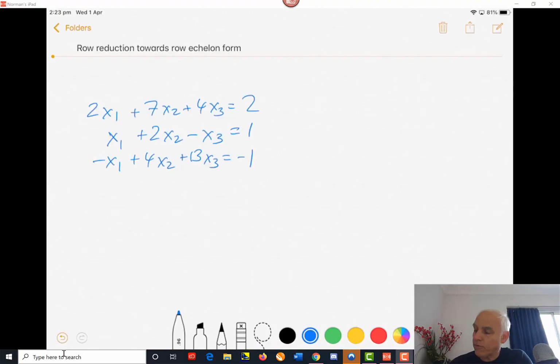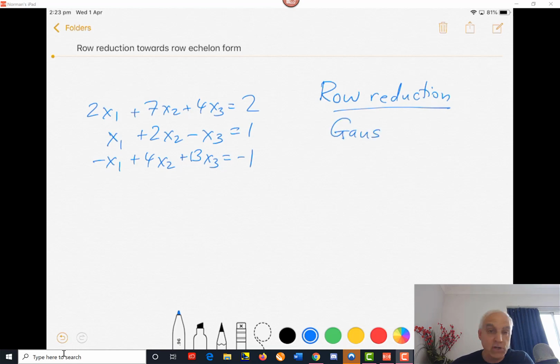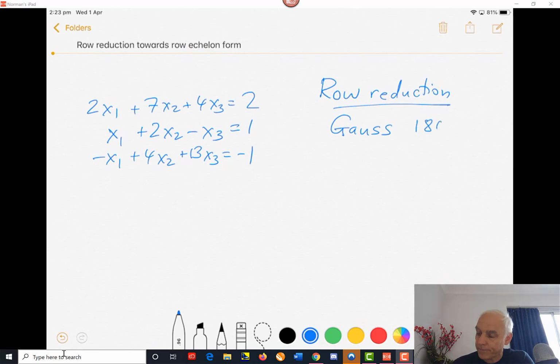The history of row reduction, well, it actually is usually attributed in modern times to Gauss. Carl Friedrich Gauss was a great German mathematician who lived around the 1800s. But actually, it goes back much earlier. It goes back to ancient Chinese mathematics.